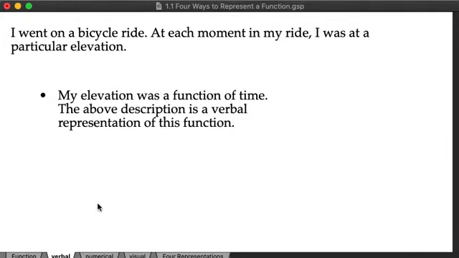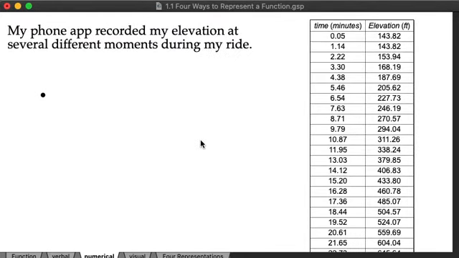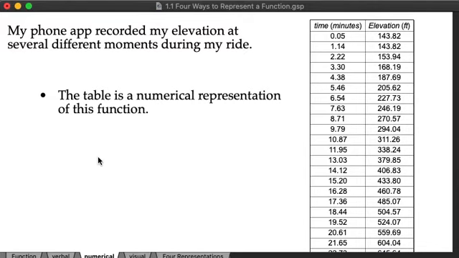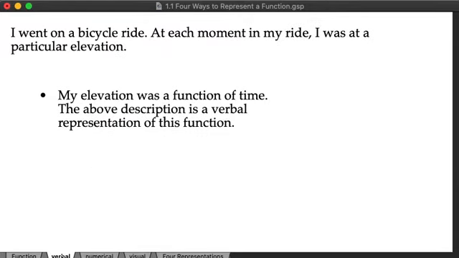Okay? Now, I can take this same function, and of course, I can get a phone app that records my elevation at several different moments during my ride. So I can get a table of values from my phone app. And this gives me a numerical representation of this function. Back here, I just had a verbal description, describing what the function is doing.